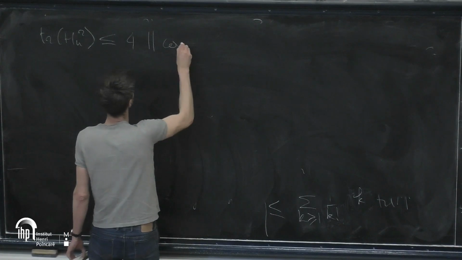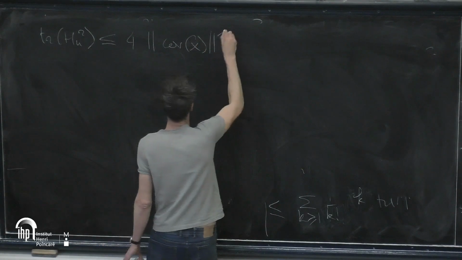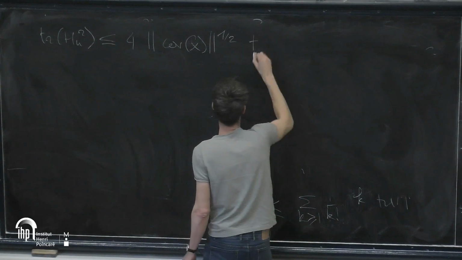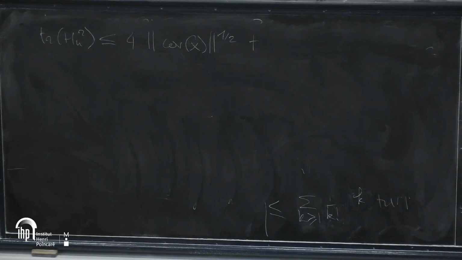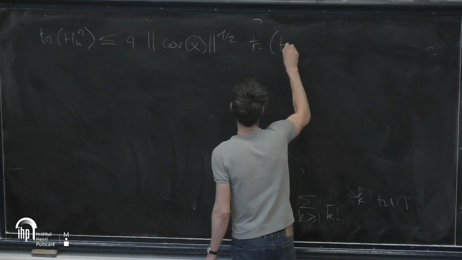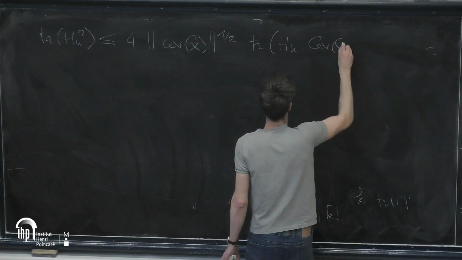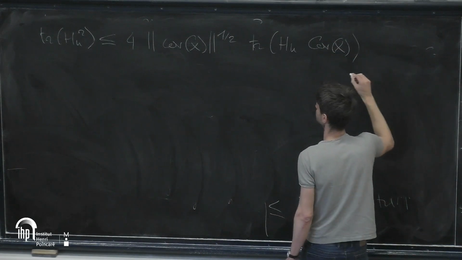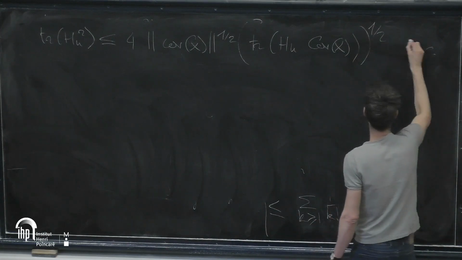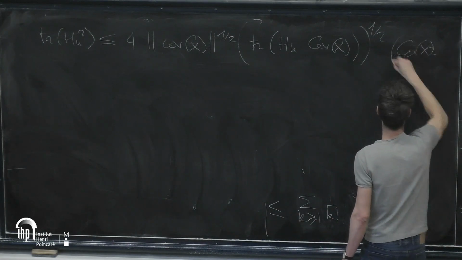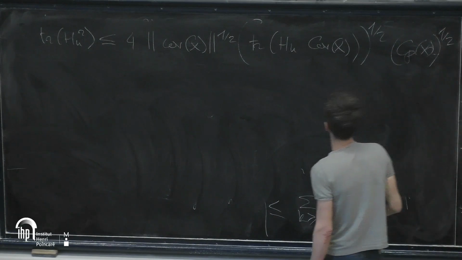Who cares about the constant? And now, expectation of |H_u x| squared is trace H_u covariance of x. And there was this 1/2, and I lost the Poincaré constant in the middle.